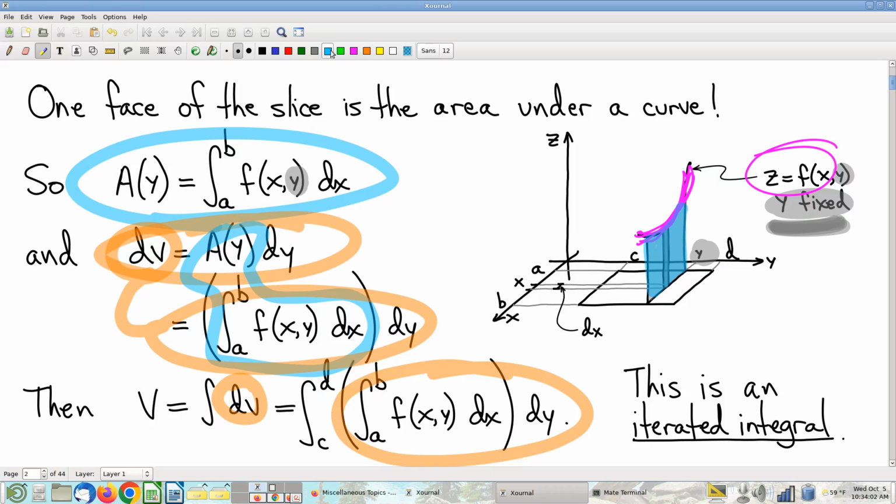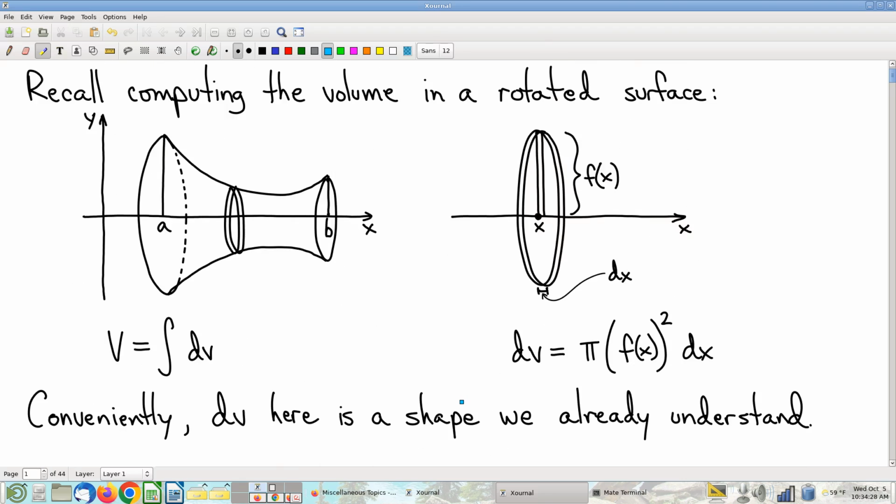And what I have is that I am taking an integral. You see here I'm taking a y integral of a cross-sectional area, which is itself an x integral. We have an integral of an integral. Anybody see how those pieces fit together there? Okay. So it's really, look, it's just like this calculation here.